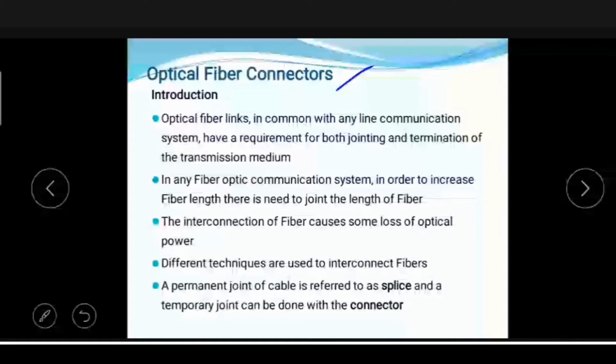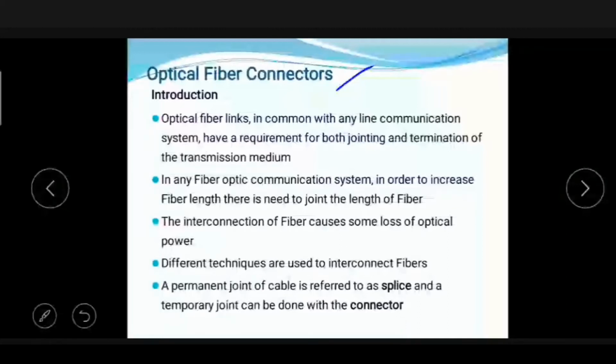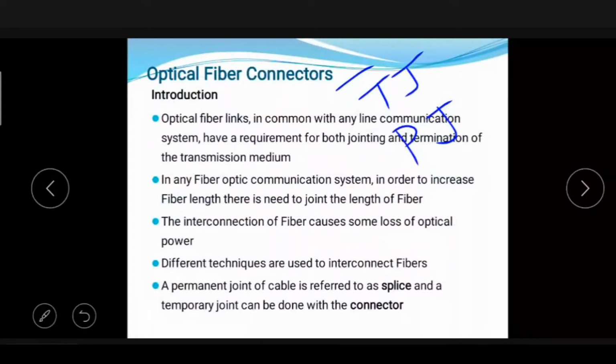So that is what we consider under connecting or joining the fiber, and we come across temporary joints and permanent joints. As I told you, a temporary joint is only for the time being. The fibers are joined and later it can be removed.